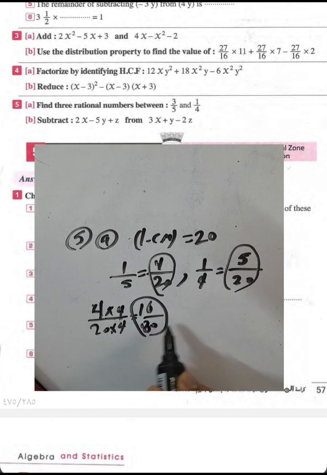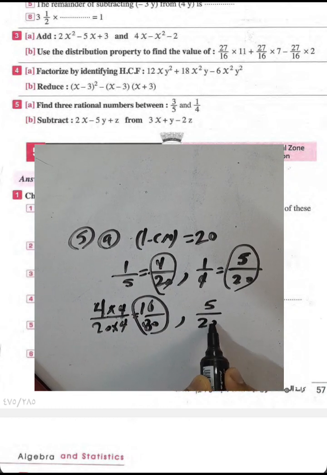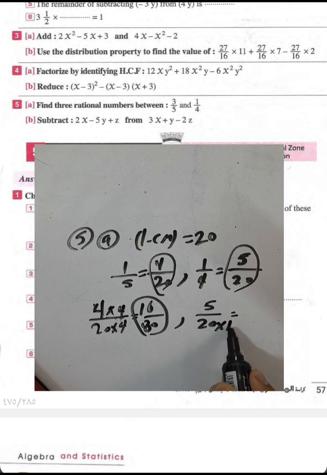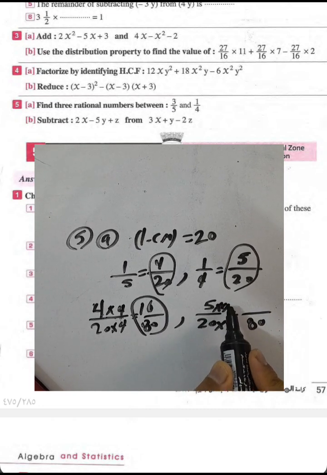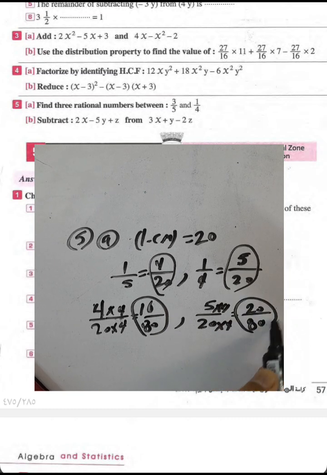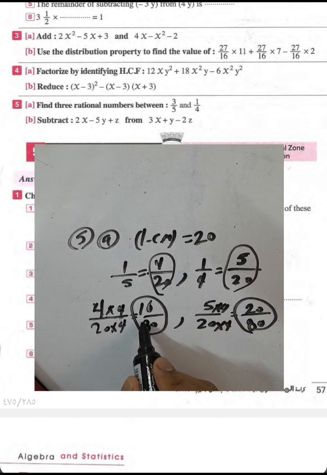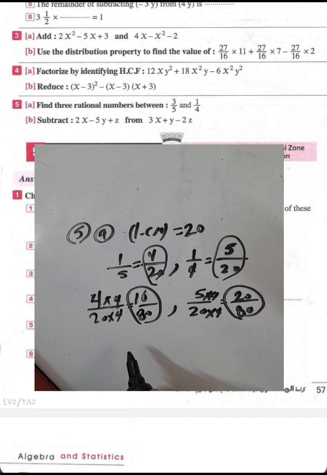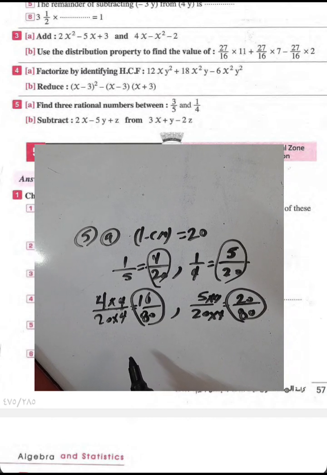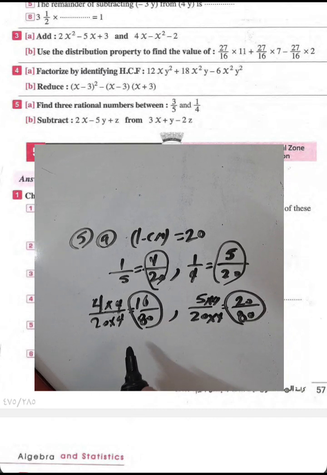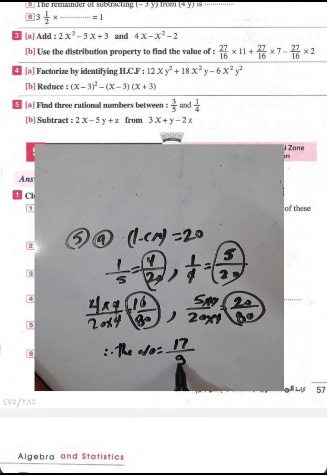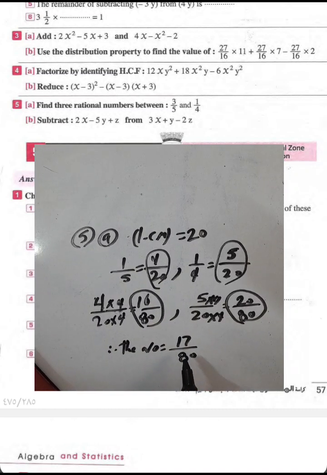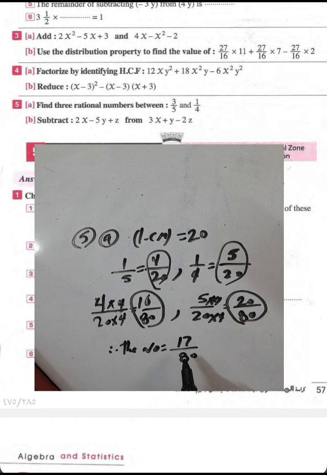It's the first number, and 5 over 20 we can write here multiplied by 4, and here multiplied by 4. It will be 80, and 4 times 5 will be 20. 20 over 80 and 16 over 80. We can count from 16 to 20: 17, 18, 19. We can write then the numbers will be 17 over 80 and 18 over 80.